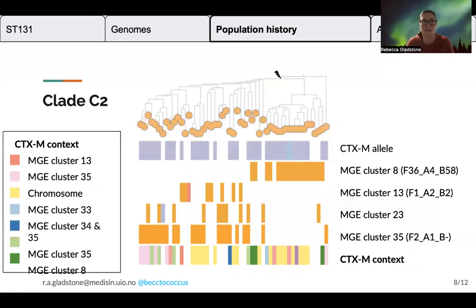If we look at plasmids, it starts to get slightly more complicated. At first look, you would say clade C2 is a clade where the common ancestor is likely CTXM positive with CTXM15, which is in purple here, with some losses. And that possibly arrived on a single plasmid backbone. But actually, we have a number of different plasmid backbones within this clade, the most common being cluster 8 and cluster 35.